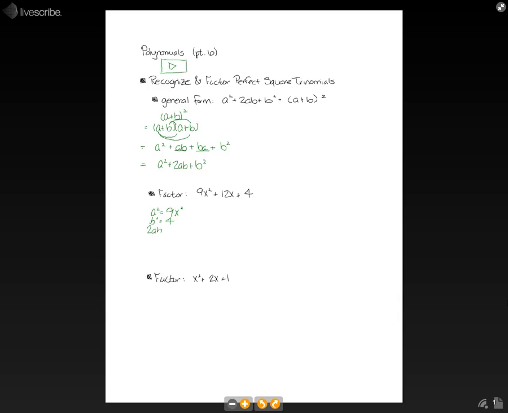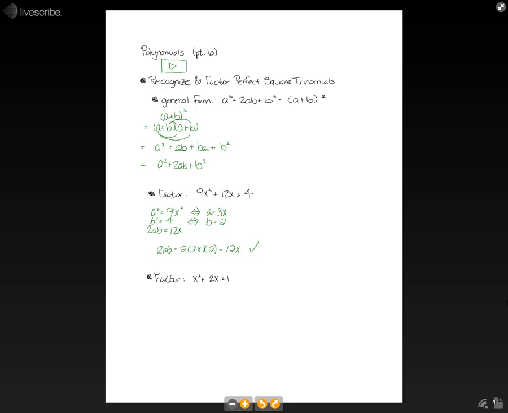And 2ab should be 12x, if this works out. a squared equals 9x squared tells us that a equals 3x. b squared tells us that b should equal 2. And then 2 times ab is 2 times 3x times 2, which is in fact 12x, so this checks.